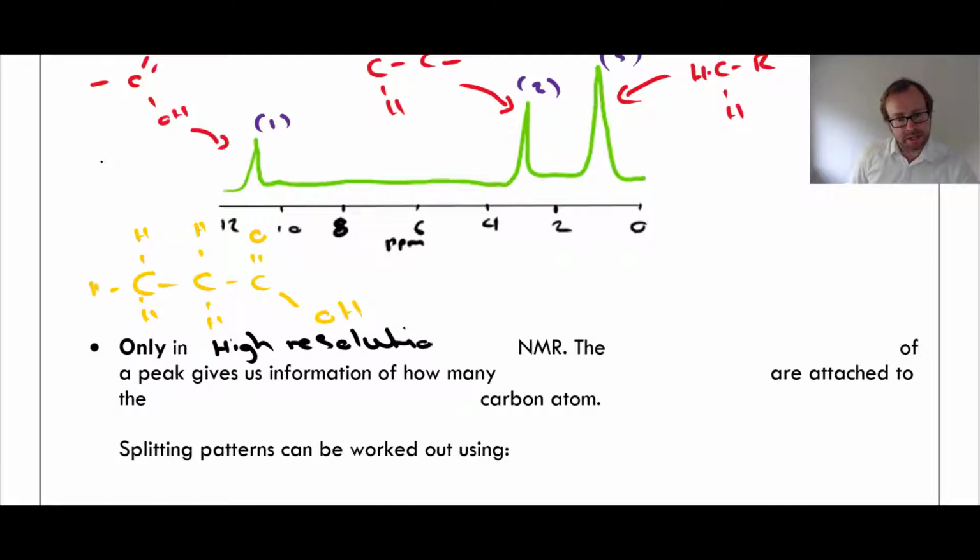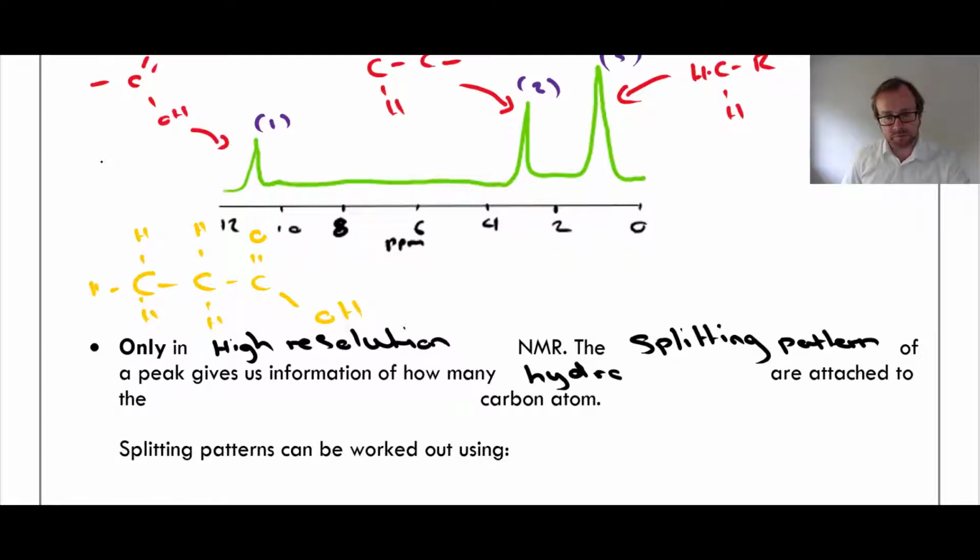However, we get something else that happens in high resolution NMR, and this is the splitting pattern of a peak. It gives us information on how many hydrogens are attached to the neighboring carbon atom.